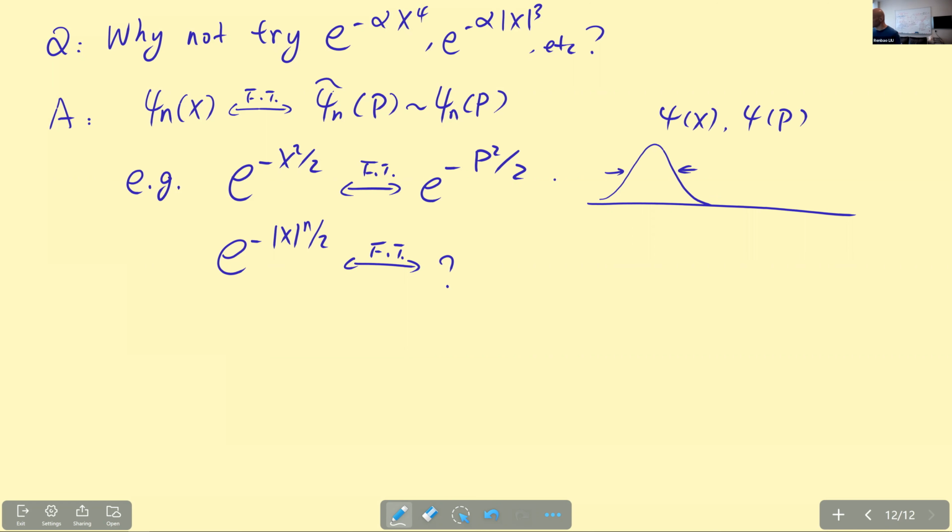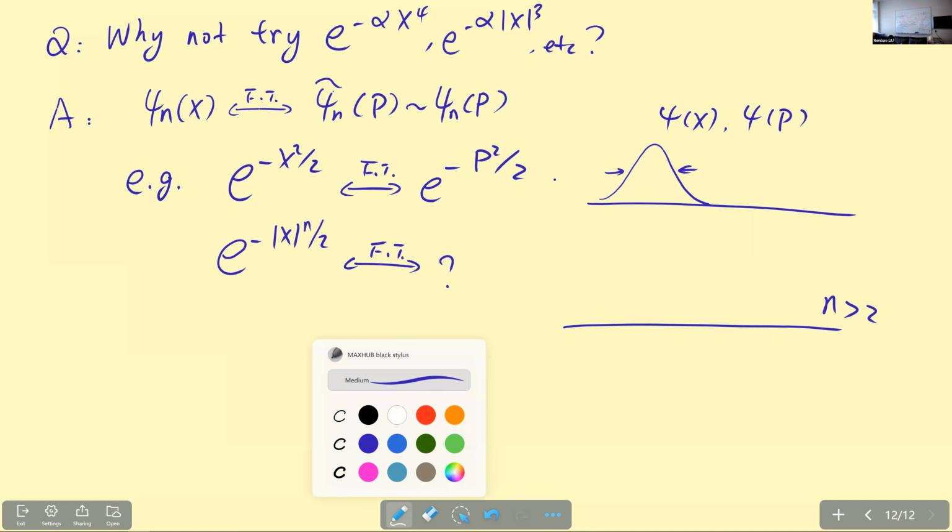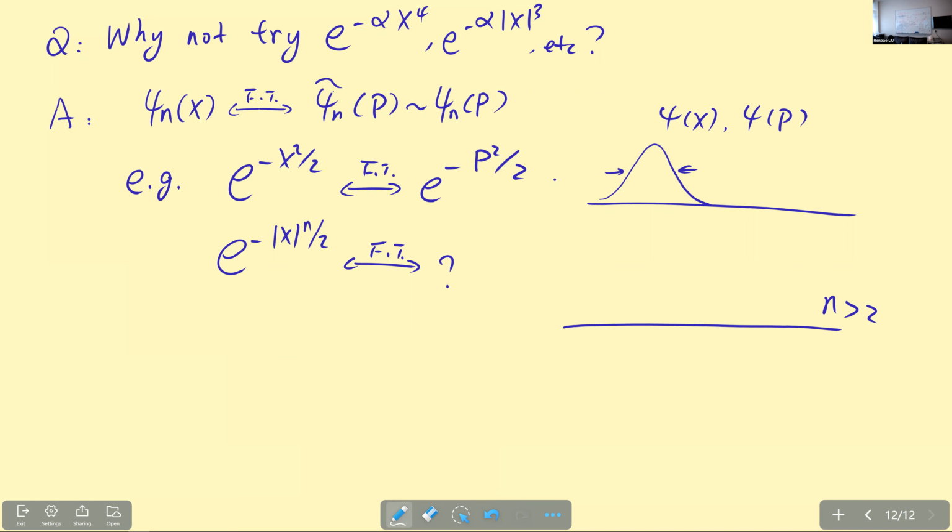But what if it's not a Gaussian? If it's not a Gaussian, for example, if n is greater than 2, okay? So you can have something like this one. So this is, for example, n equal to 3.